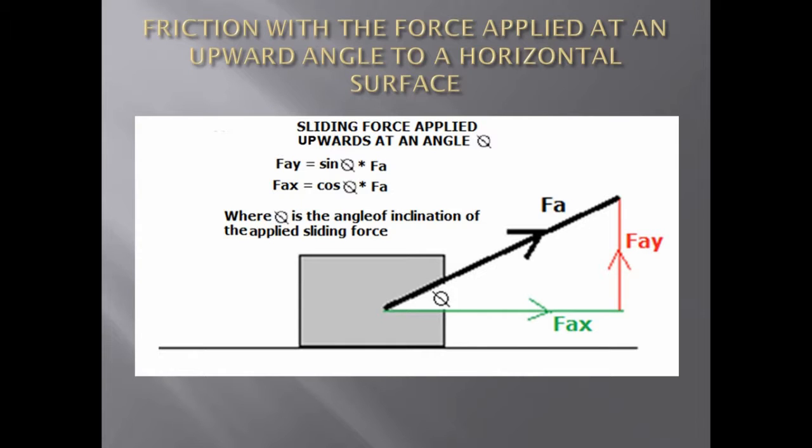Fay will equal the sine of the angle times the applied force. The horizontal component, Fax, we can find from the cosine. Fax equals the cosine of the angle times the applied force.